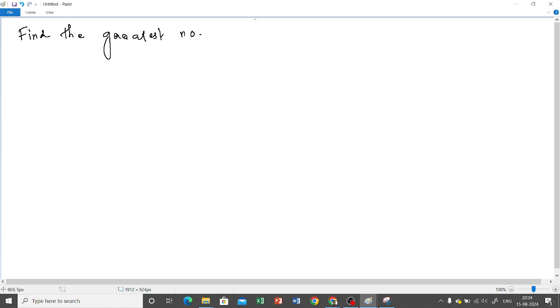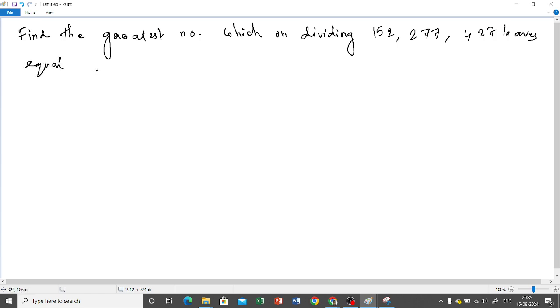Find the greatest number which on dividing 152, 277, 427 leaves equal remainder, but the remainder is not given.